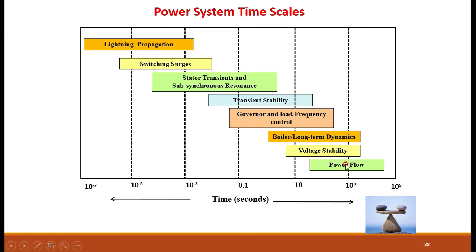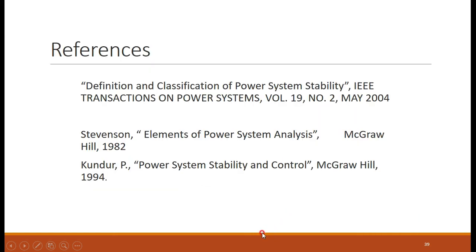The system analysis is from 10 to 10 raised to 4 or 10 raised to 2 seconds. These are the time scales in which you have to study and analyze the system, and take the appropriate actions.